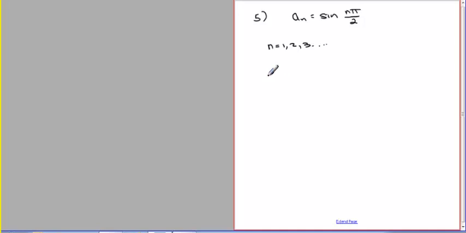So the first 5 terms, a sub 1 is going to be with 1 substituted, and a sub 2 is going to be with 2 substituted. And we'll simplify these in a second. We're just going to fill in for the first 5 numbers.